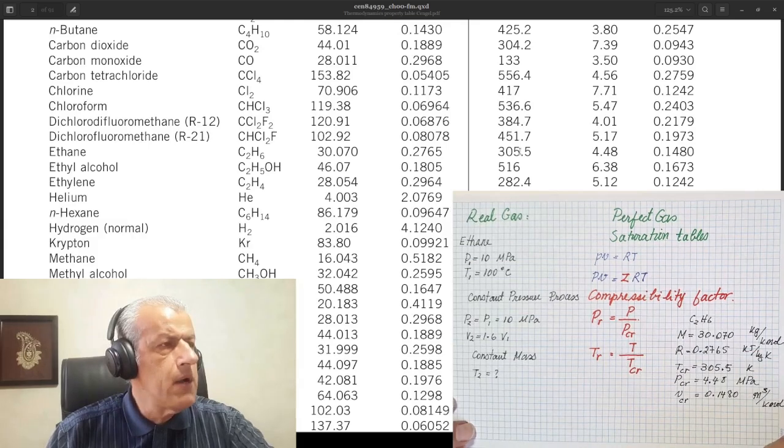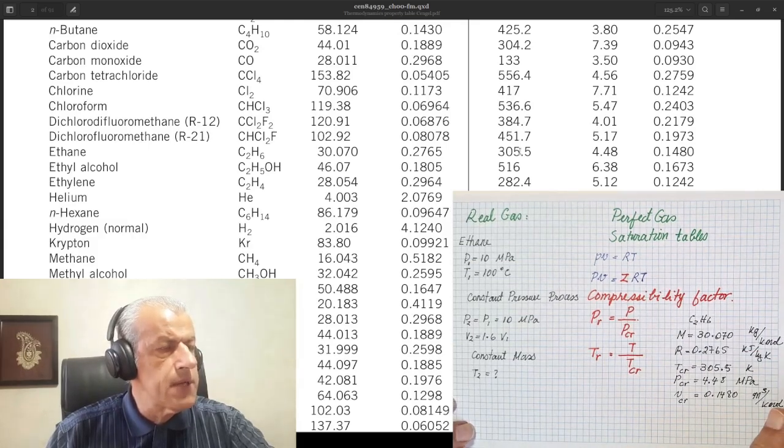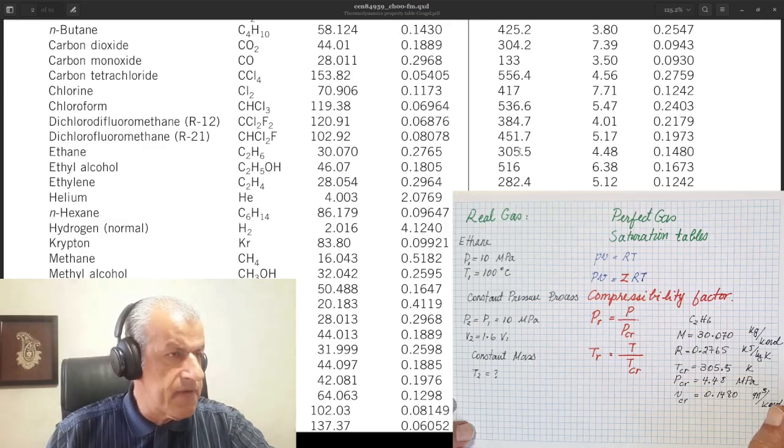These are our general knowledge about ethane, regardless of whether we assume it a perfect gas or not.